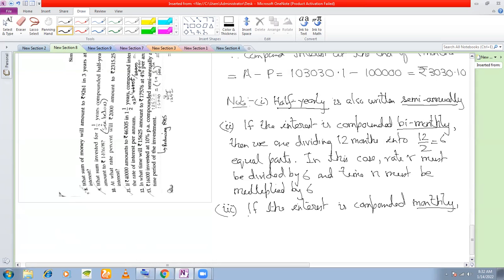Then we are dividing the year, 12 months, into 12 equal parts, because we are getting interest every month.